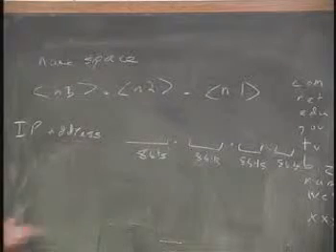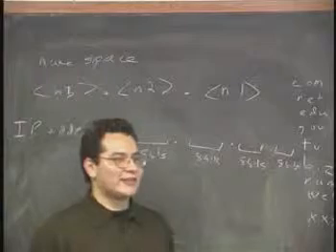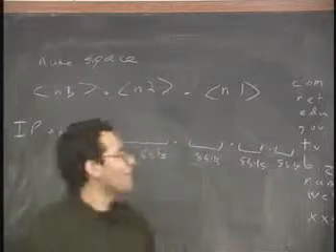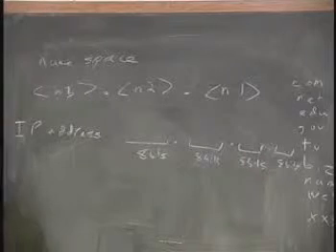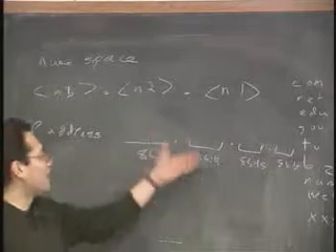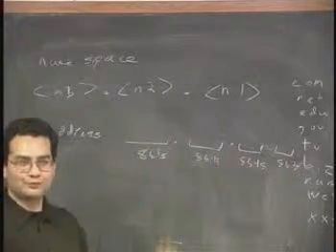So the whole idea is if you have one of these IP addresses, you can send a message somewhere on the internet. If you have a name, that doesn't get you anywhere anytime soon until you have this over here.